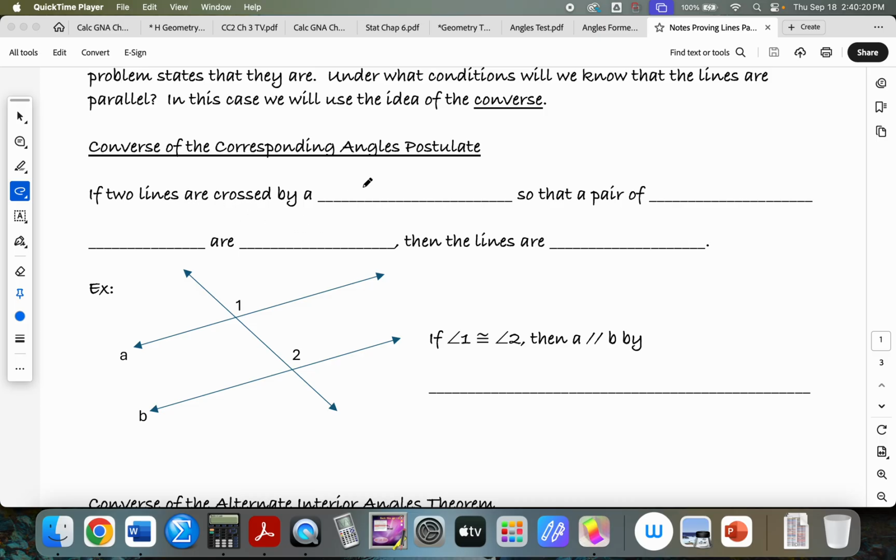So if two lines are crossed by a transversal, so that a pair of corresponding angles are congruent, then the lines are parallel.